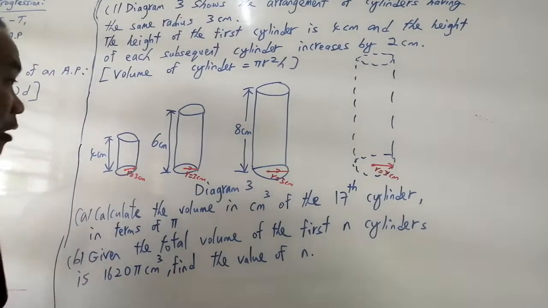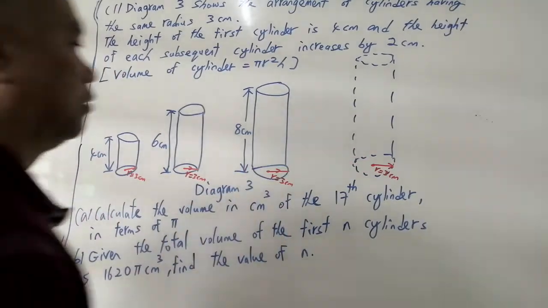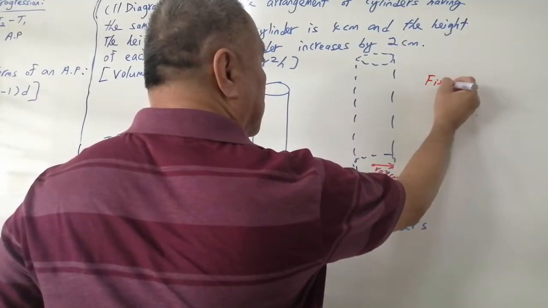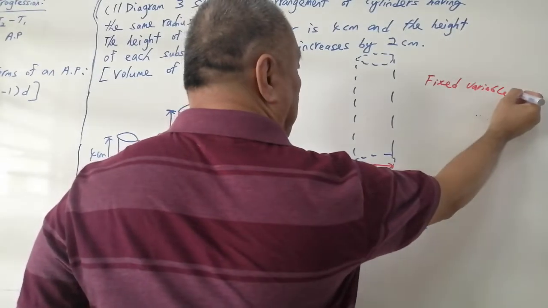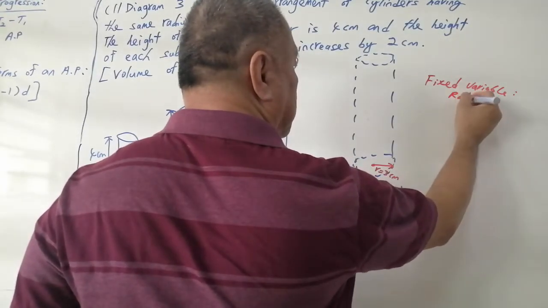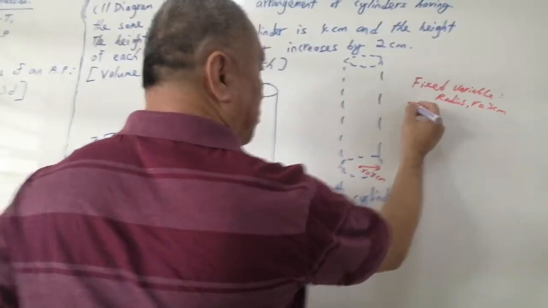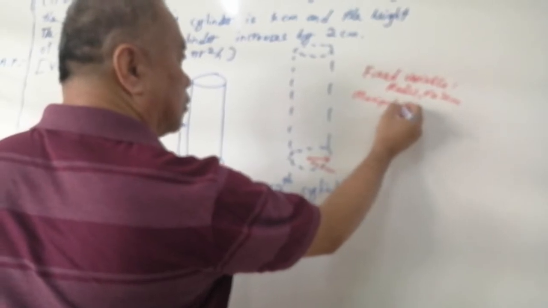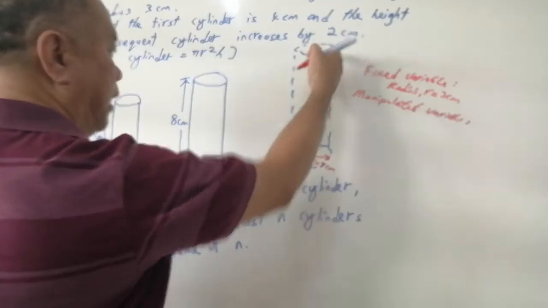So your fixed variable is your radius, r equal to 3 cm. Then your manipulated variable will be your height.